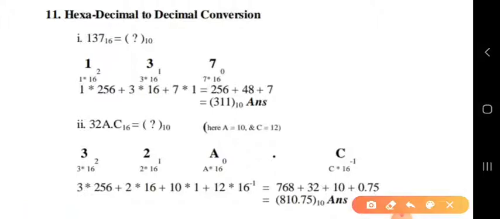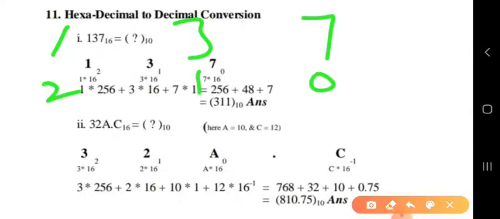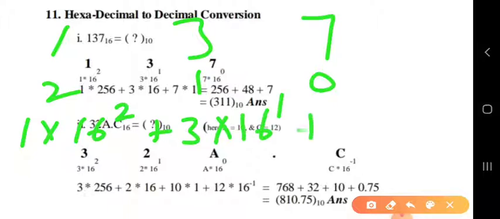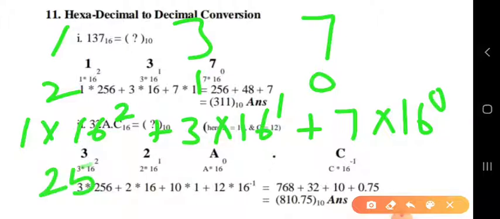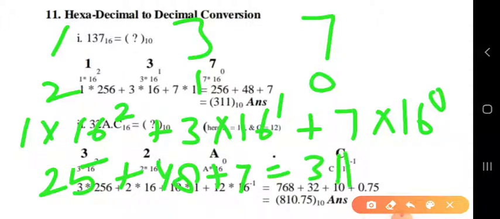Here also you see the digits 1, 3, 7, in positions 0 to 2. Then the positional value 1 into 16 to the power 2, plus 3 into 16 to the power 1, plus 7 into 16 to the power 0, which gives us the answer 256 plus 48 plus 7, that means 311.